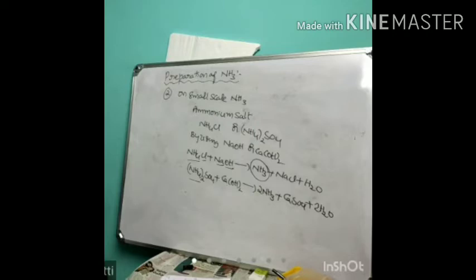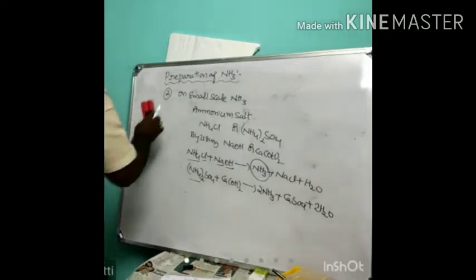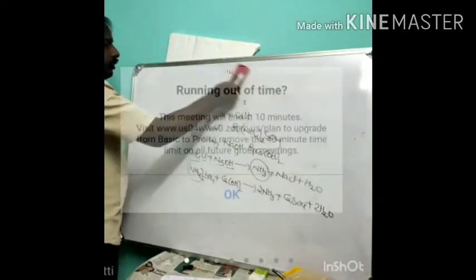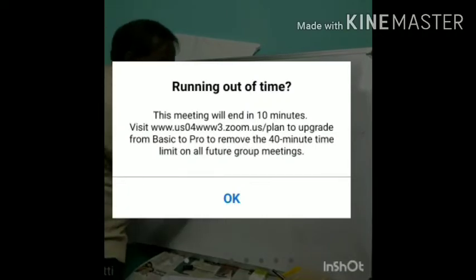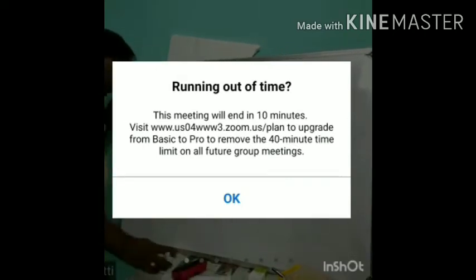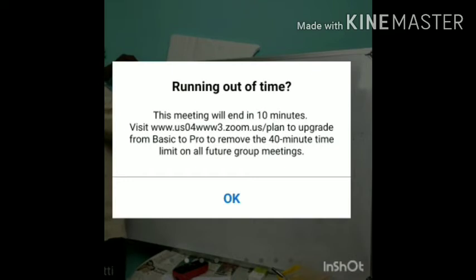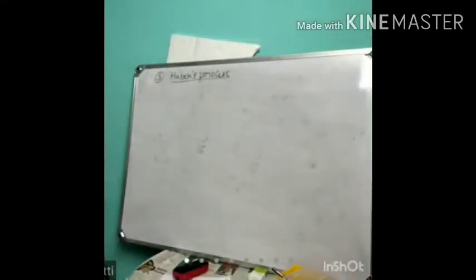That is Haber's process. On large scale, ammonia is prepared by Haber's process.